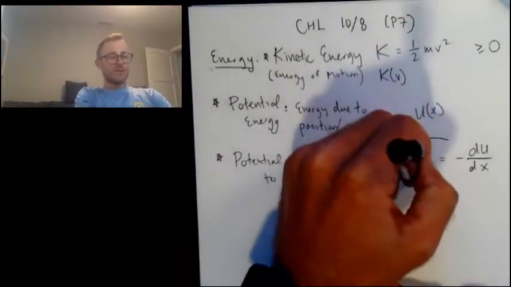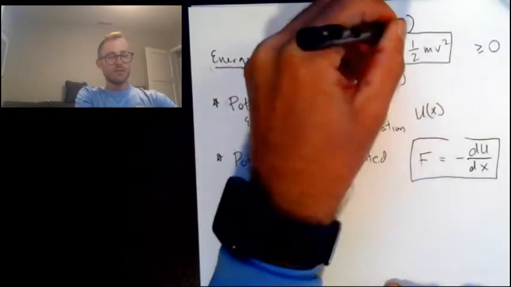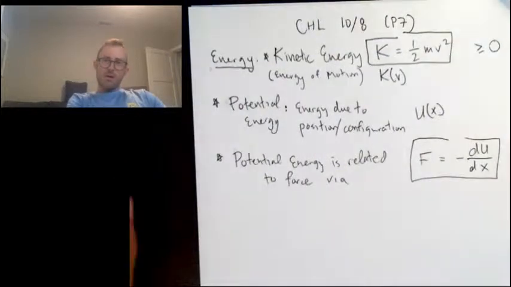So this is a key equation for today. This is a key equation as well, but it's kind of an equation from last year, but I'll still box it in.